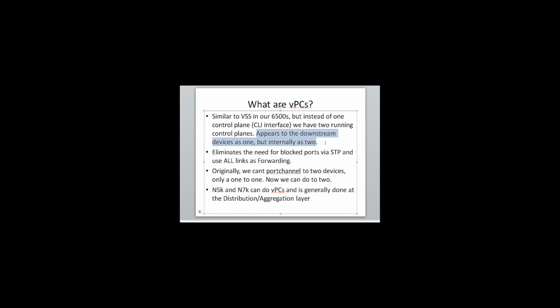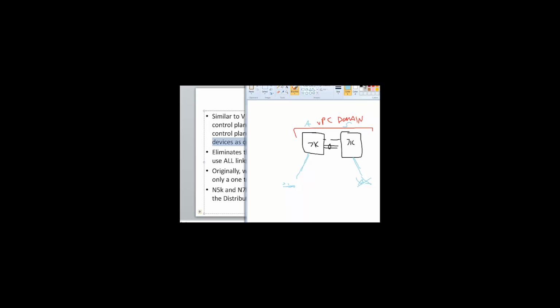But also similar to VSS, we do appear to our downstream devices as one device. Going back to my example, these two 7Ks look like one 7K to my downstream devices. Any switches or servers pointing up just see one device, one spanning tree instance, and even though I may have multiple links, it just looks like one big pipe.